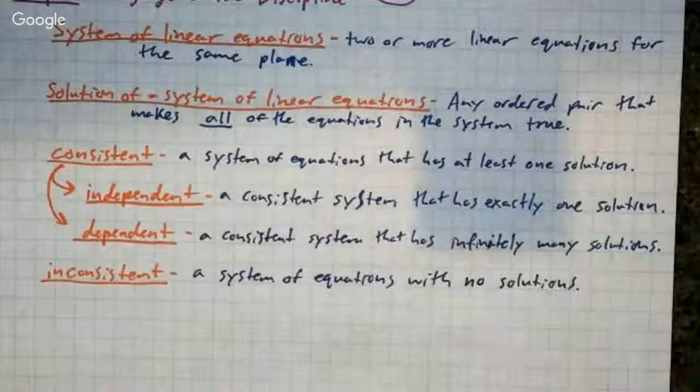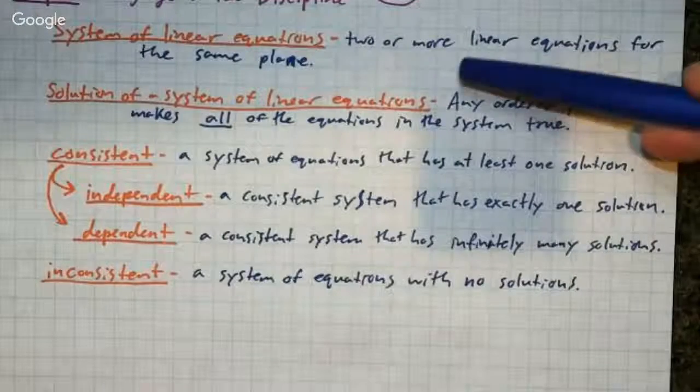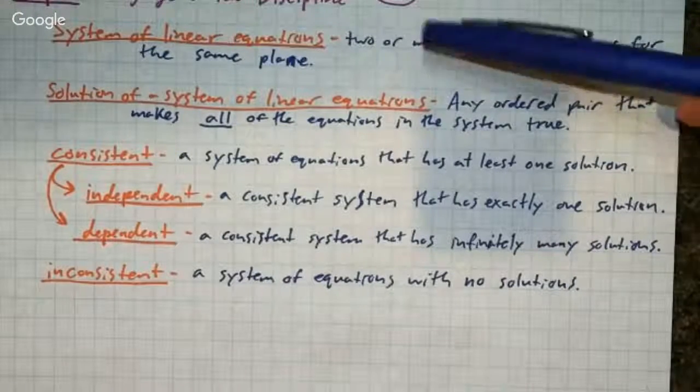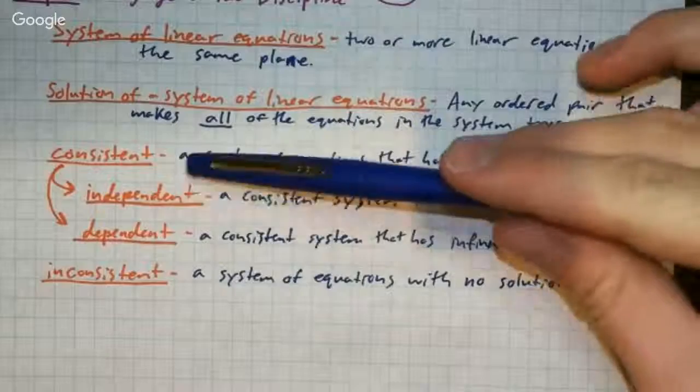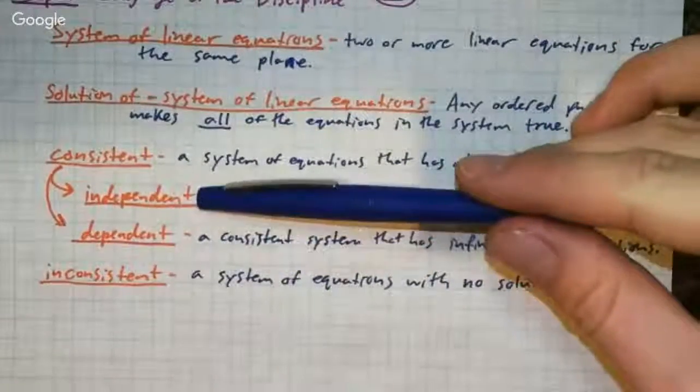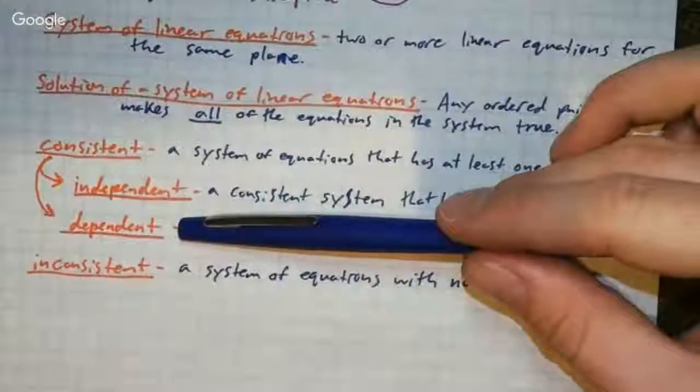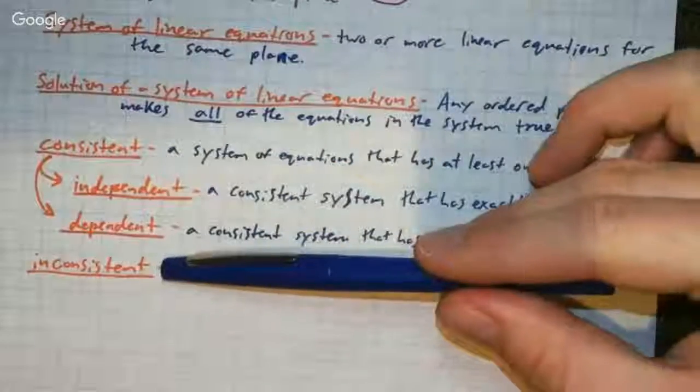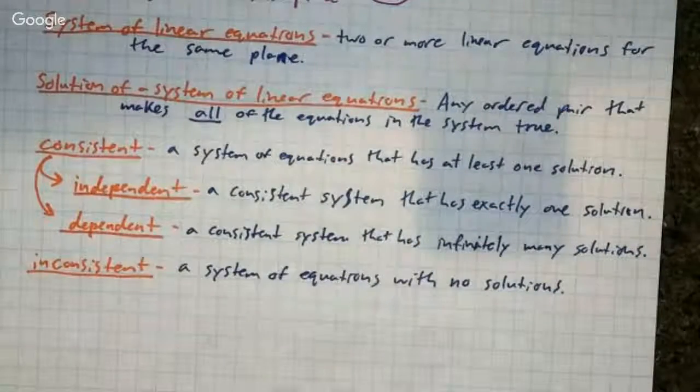Okay, so that covers about all of it, right? We have what a system of linear equations is, what a solution is, and then whether it's consistent. If it is consistent, it can either be independent or dependent. If it's not consistent, that means it is inconsistent and has no solutions.